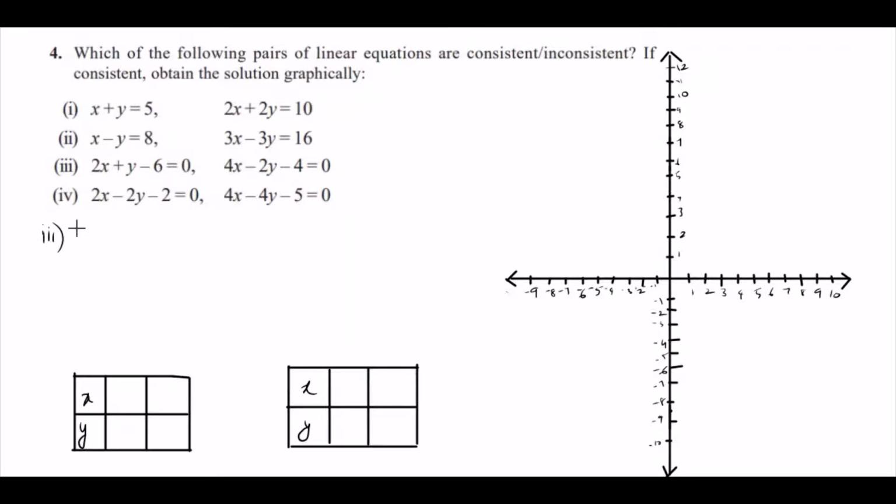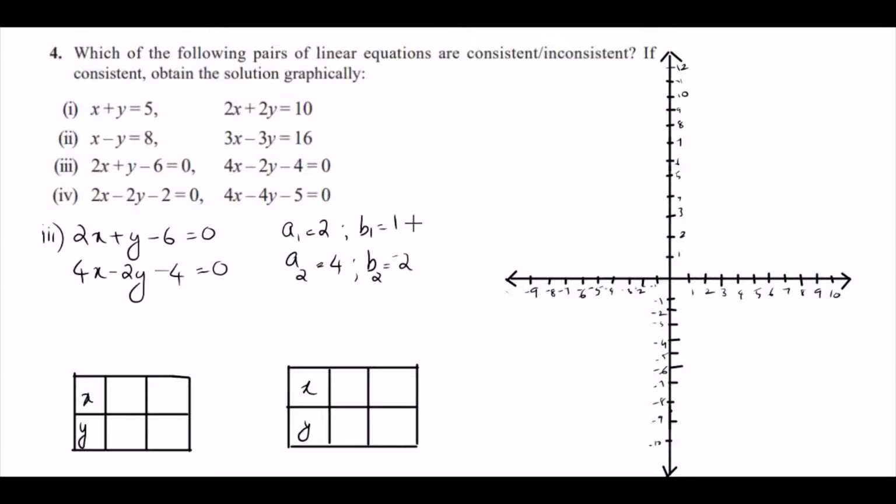The third question is 2x plus y minus 6 is equal to 0 and 4x minus 2y minus 4 equal to 0. Here when you compare the ratios, a1 is 2, a2 is 4, b1 is 1, b2 is minus 2, c1 is minus 6 and c2 is minus 4.